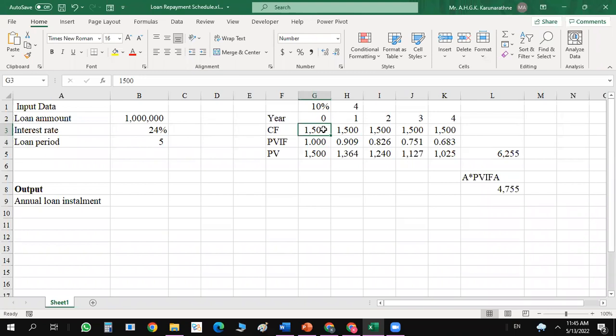If the cash flow occurs at the beginning, it is called an annuity due. Always remember that the future value of an annuity due is always higher than that of a deferred annuity.